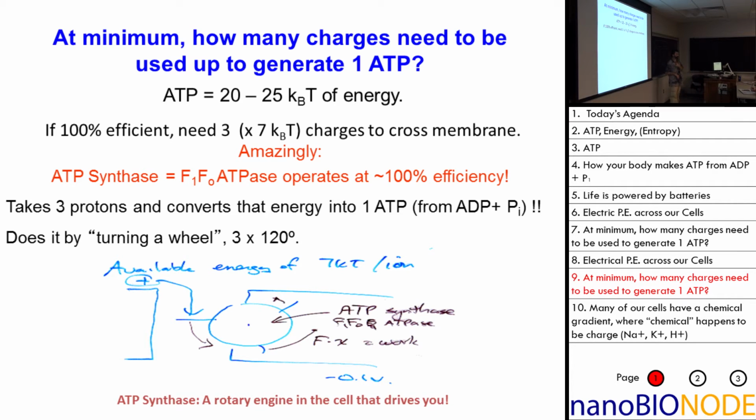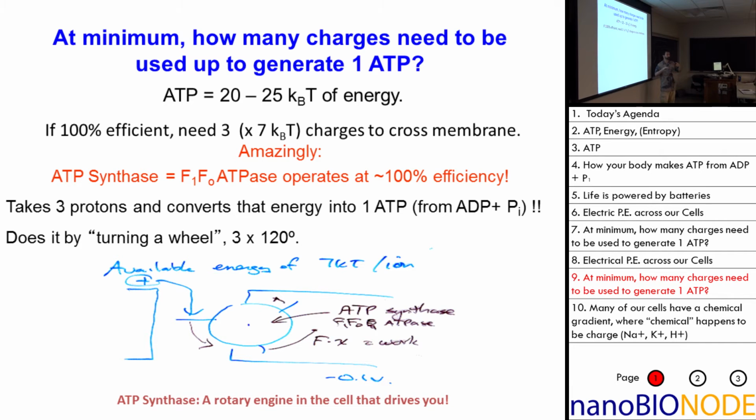You're going to see that, let's say the enzyme responsible for making ATP from ADP plus phosphate was only 50% efficient. How many electrons would it then take in order to make an ATP? 6.